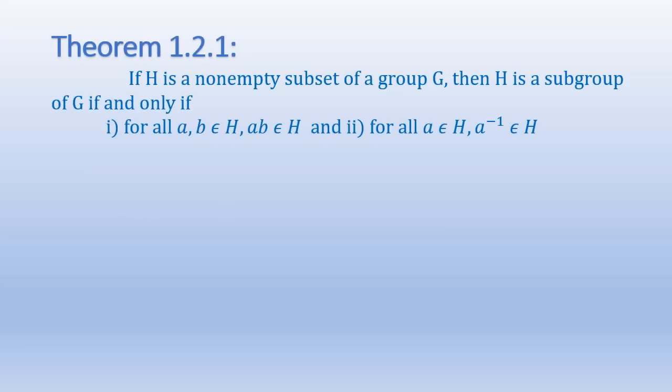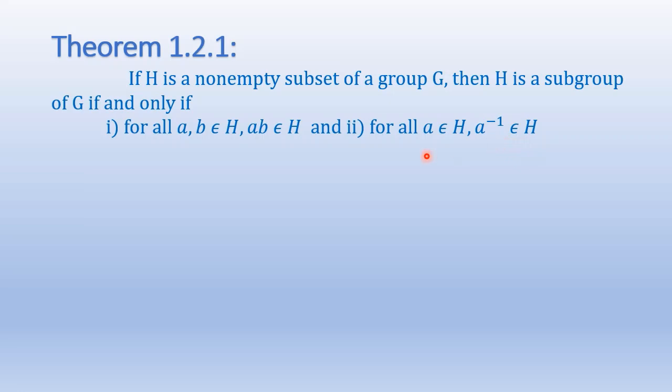Next we shall see a theorem which says a property of a subgroup. If H is a non-empty subset of a group G, then H is a subgroup of G if and only if for all A comma B belonging to H, AB belongs to H, and for all A belonging to H, A inverse belongs to H. That is the condition.